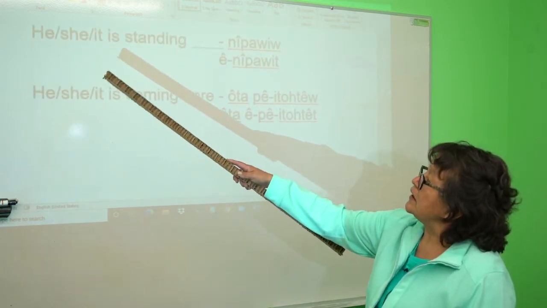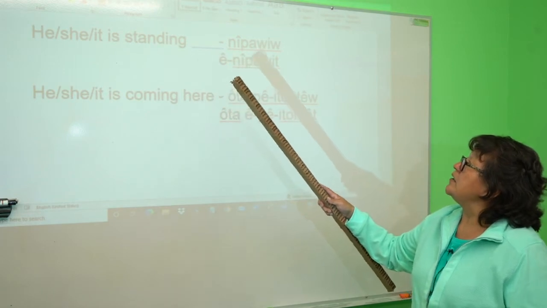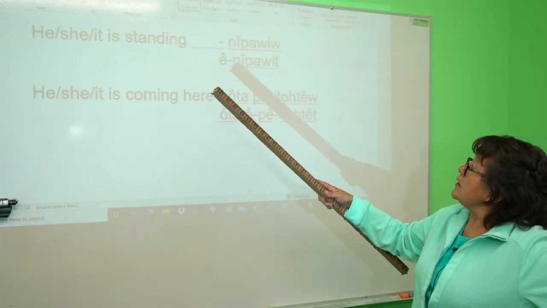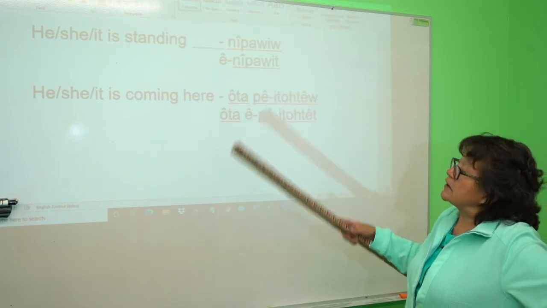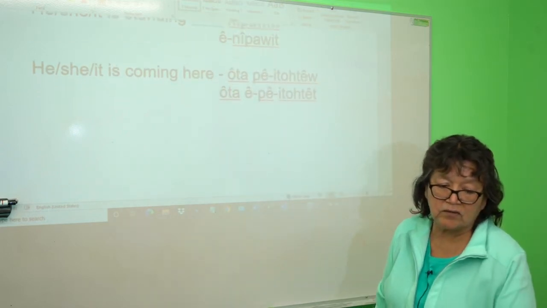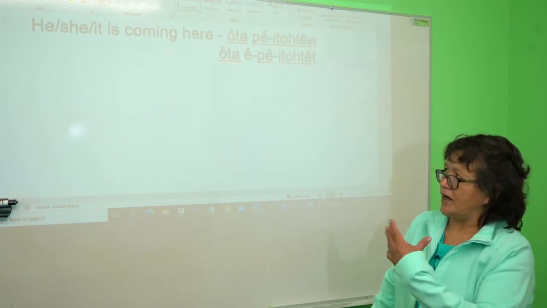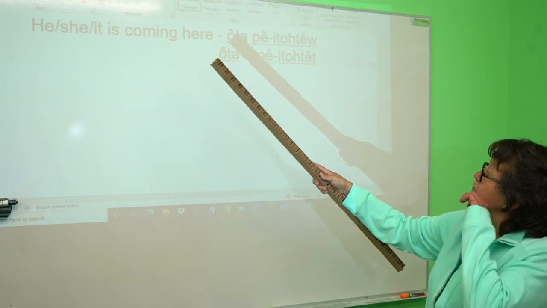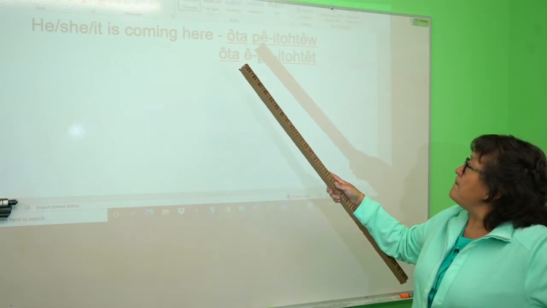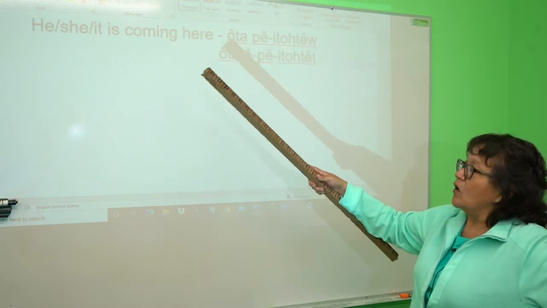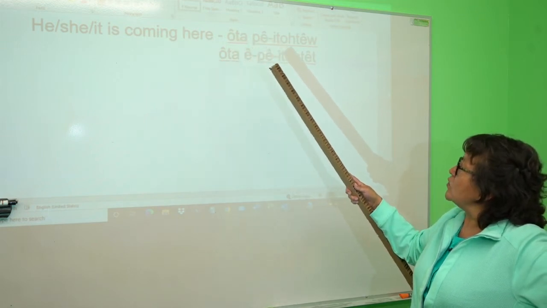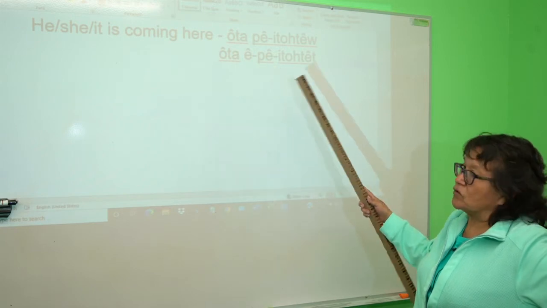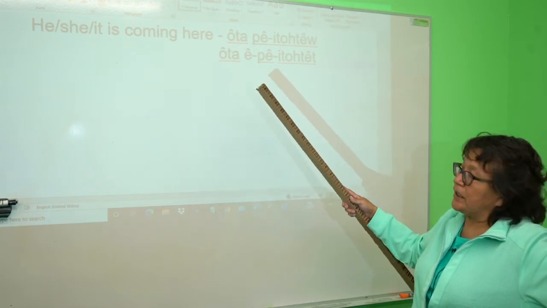He, she, it is standing, nipawiu, nipawiu, or enipawit, enipawit. That W makes you have a different sound. He, she is coming here. Uta pe itohteo, uta pe itohteo, or uta e pe itohtet, uta e pe itohtet.